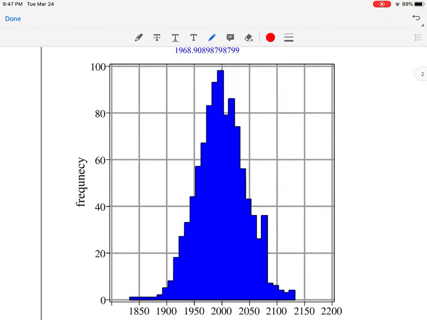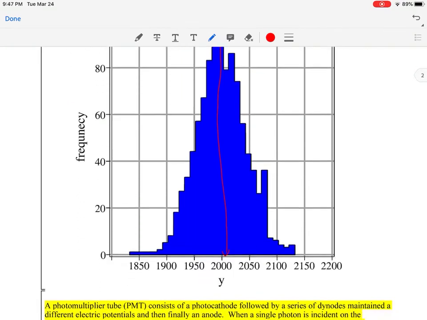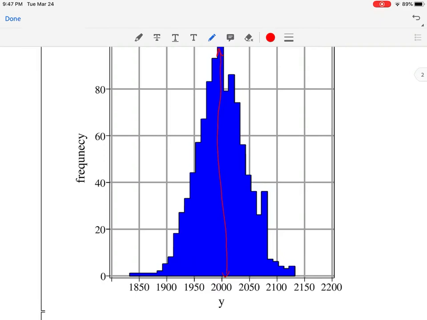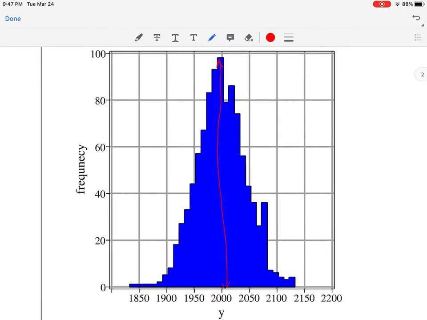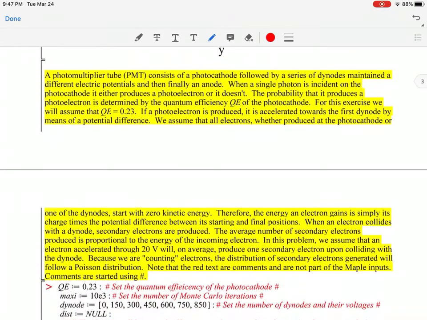And so there's the histogram, and you can see that the average is right around 2,000, and so that makes sense. Okay, and for averages that are much bigger than 1, we expect that distribution to look reasonably symmetric. It should approach actually a Gaussian distribution, and it looks like it's done that.